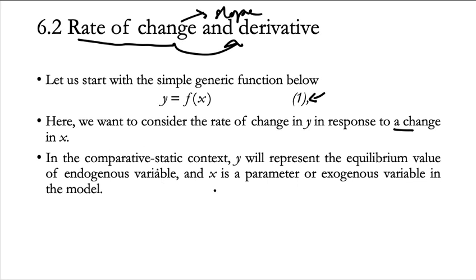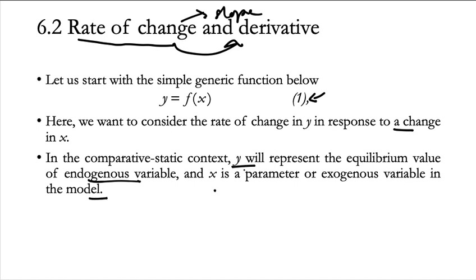When we talk about this in the comparative statics context, y in this case is the equilibrium value of the endogenous variable, and x is a parameter, an exogenous variable, in the model.